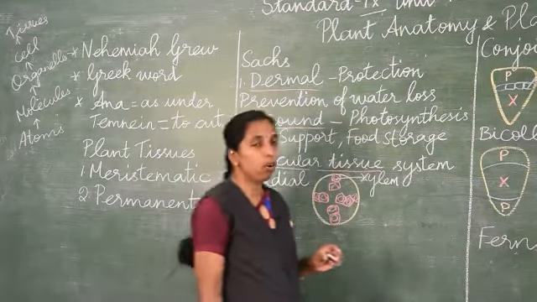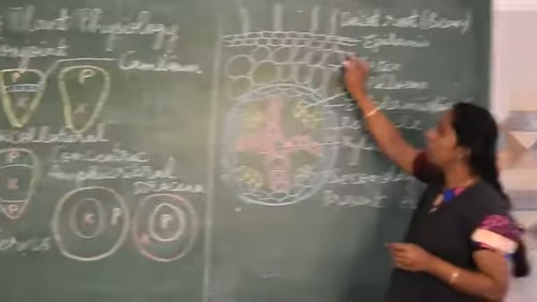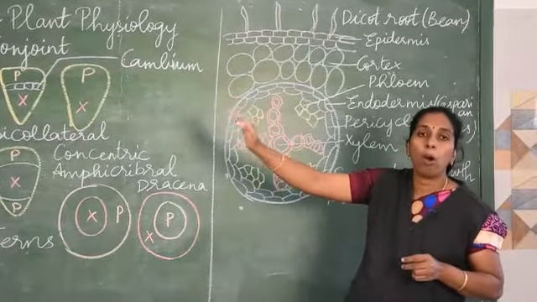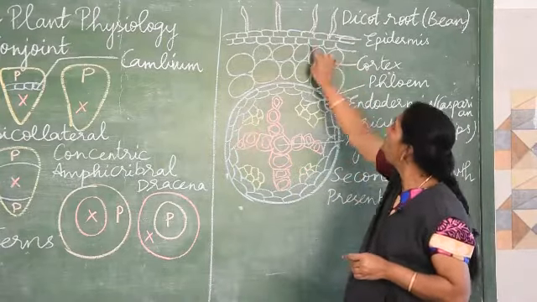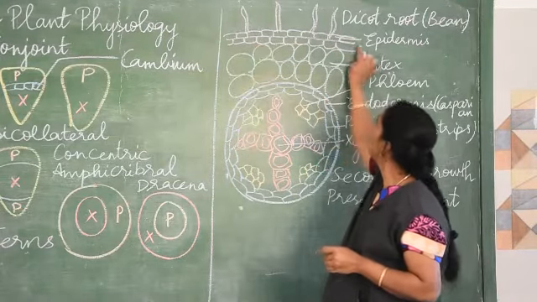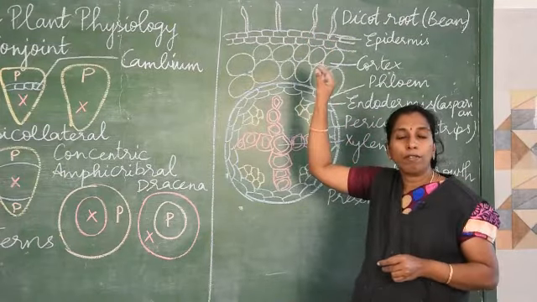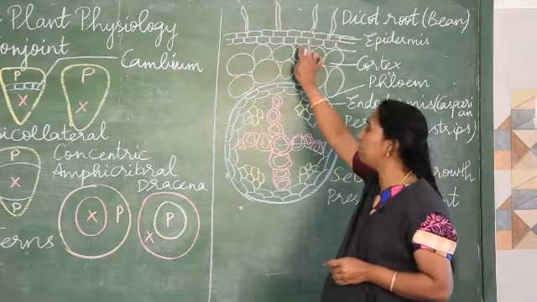So here I have drawn the epidermis for you. We are talking about the first tissue system, the dermal tissue system. This is the epidermis, mostly made up of rectangular cells, and stomata will be present.